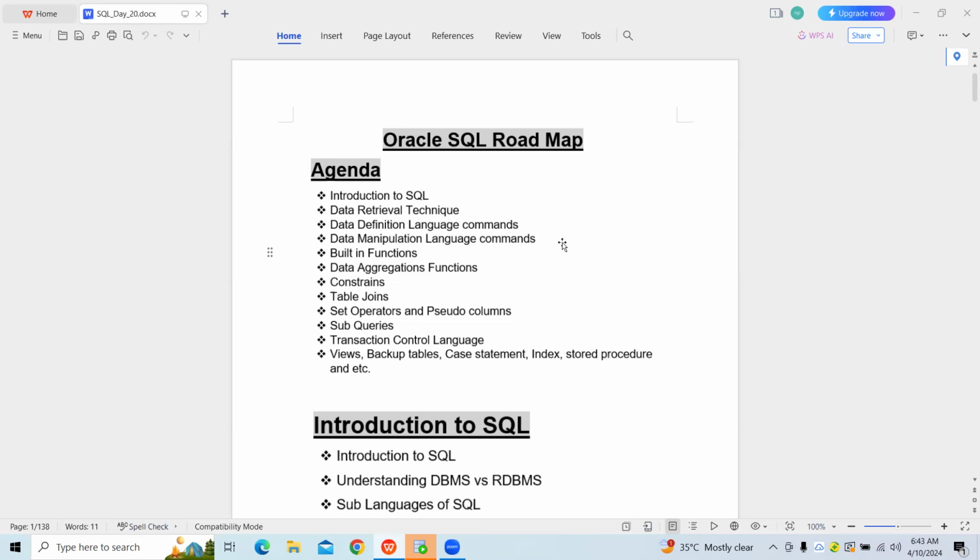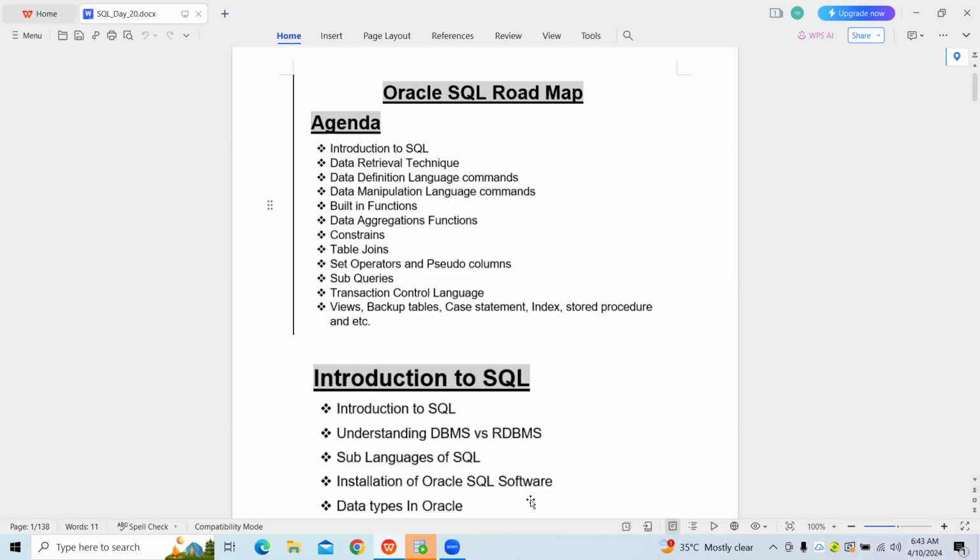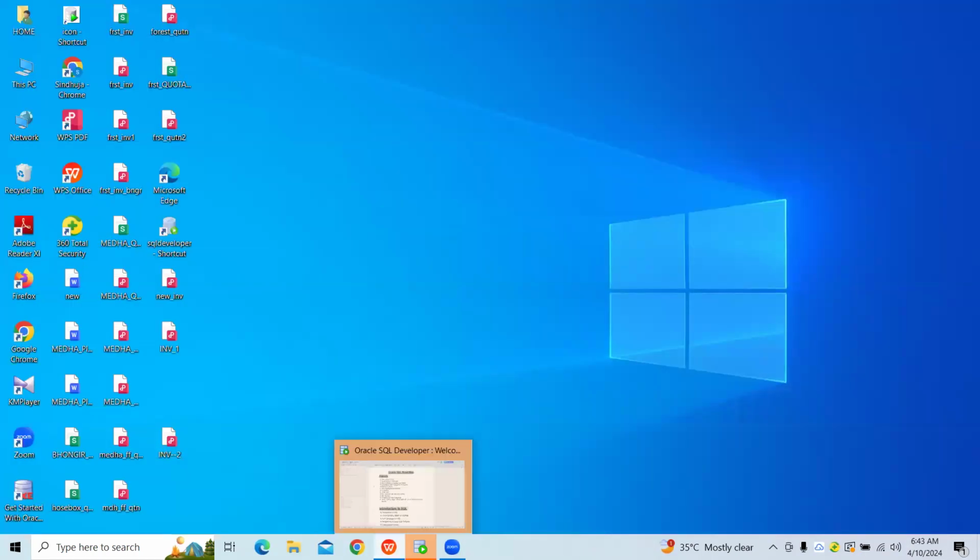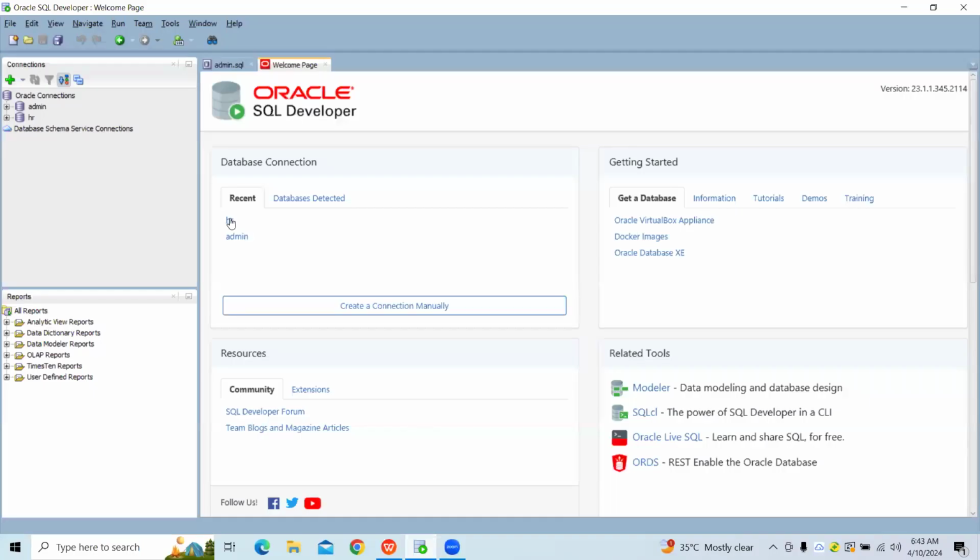Yeah. So now we'll see introduction to SQL. Under introduction to SQL, we'll start with introduction to SQL, and then we'll understand DBMS versus RDBMS, and then we'll go for the sub languages of SQL. See guys, this SQL is a language in which we'll be learning queries, and we are going to write those queries in a database.